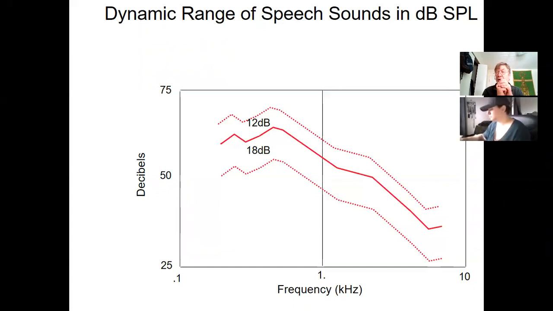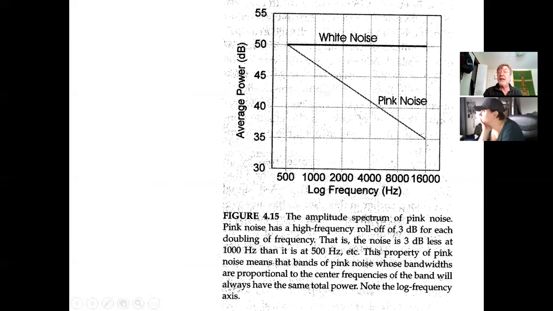So this is a spectrum of the overall sounds of speech. The vowels are louder and lower, and as you get to the high frequency consonants, you get less and less amplitude. And of course, speech fluctuates, so I'm showing you a bit of a range. But basically, speech spectrum is much like pink noise spectrum.